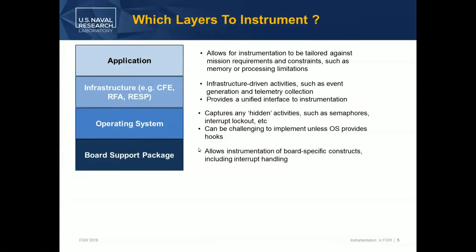You have operating system instrumentation, if you can get in there, that captures any kind of hidden activities. Maybe you have a semaphore or an interrupt lockout that you're not aware of in your operating system. That can be challenging unless the operating system provides that capability. And if you're doing board support package development, you can get in there.